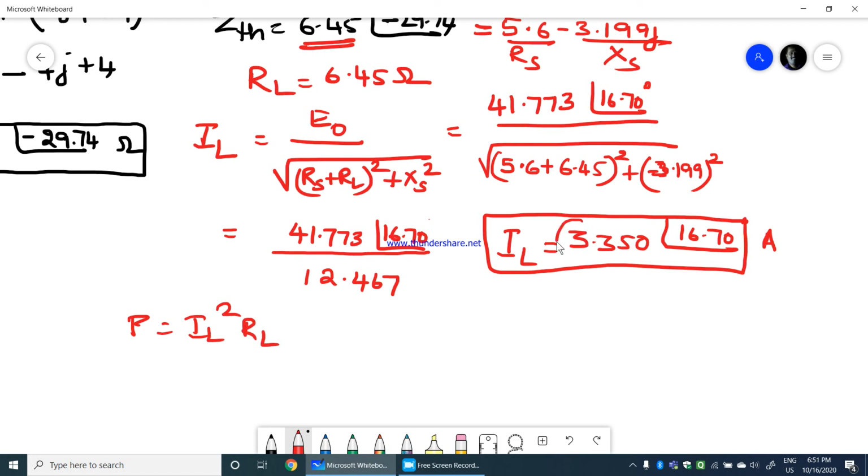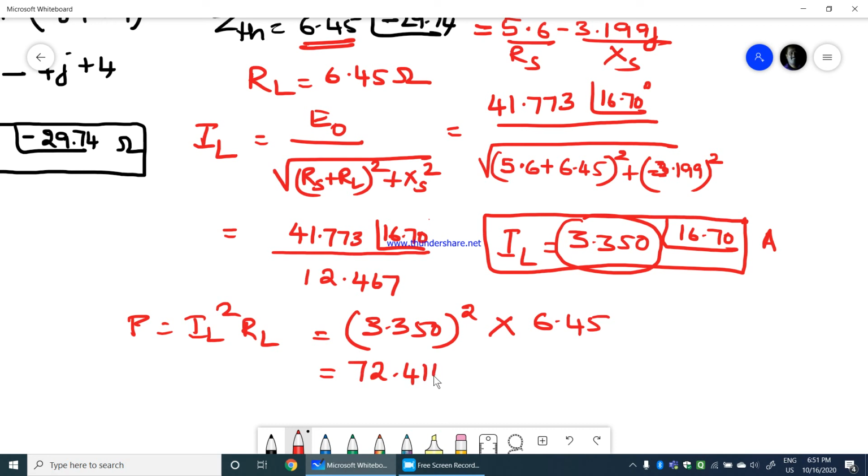I'll take only the magnitude part of IL, which is 3.350, the whole square, into RL, which was 6.45. So this would be equal to 72.414 watts. Pmax is 72.414 watts.